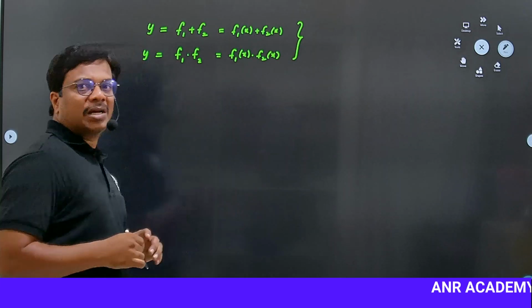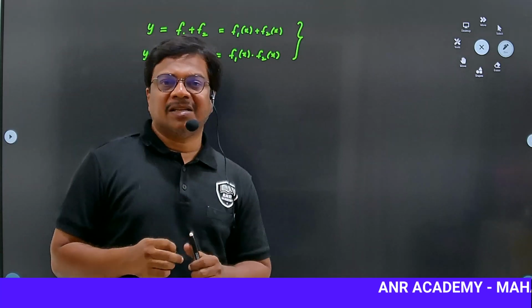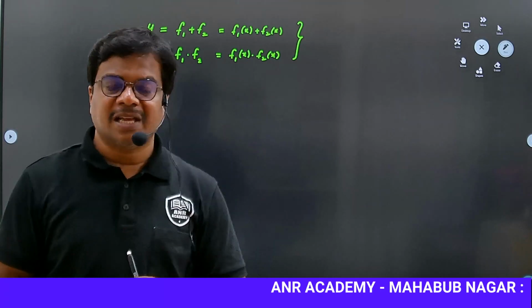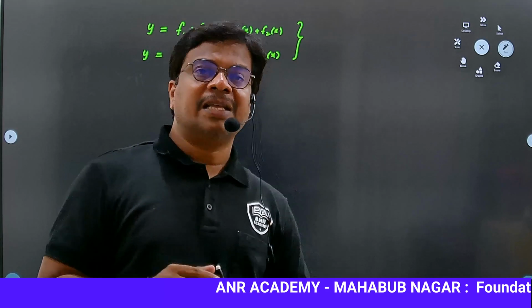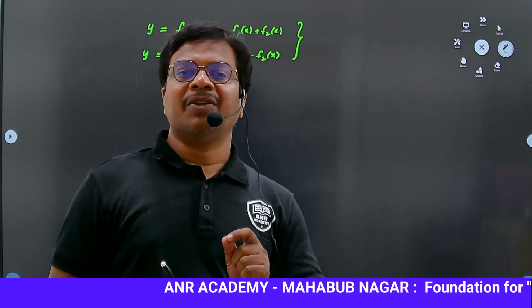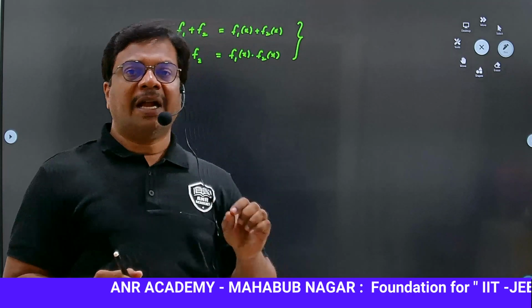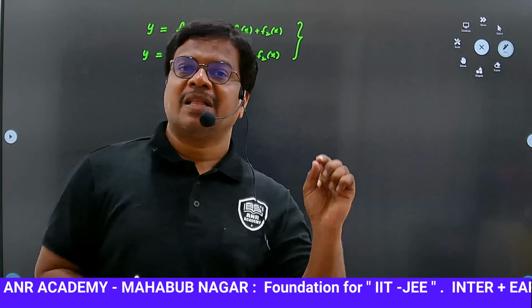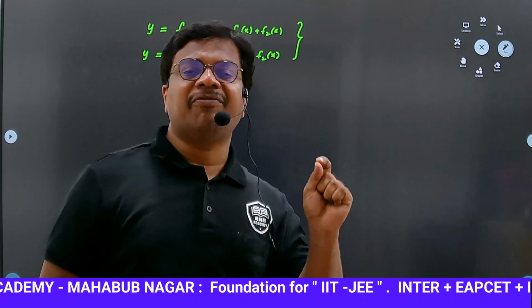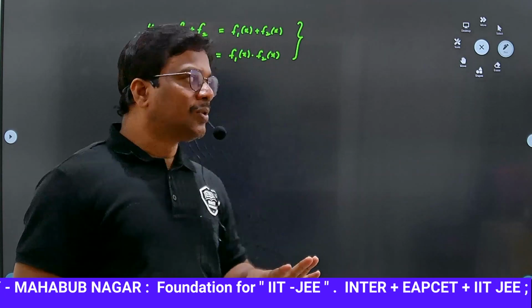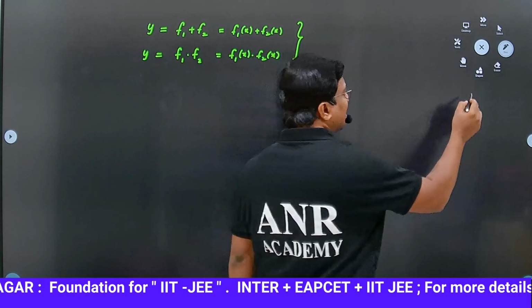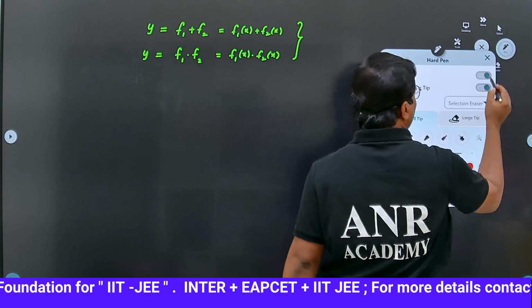To draw the graph of any function, first you have to decide the domain of the function, the interval in which it is well defined. Here y is clearly a combination of f1 as well as f2, so to decide the domain, first you have to decide the domain of both.